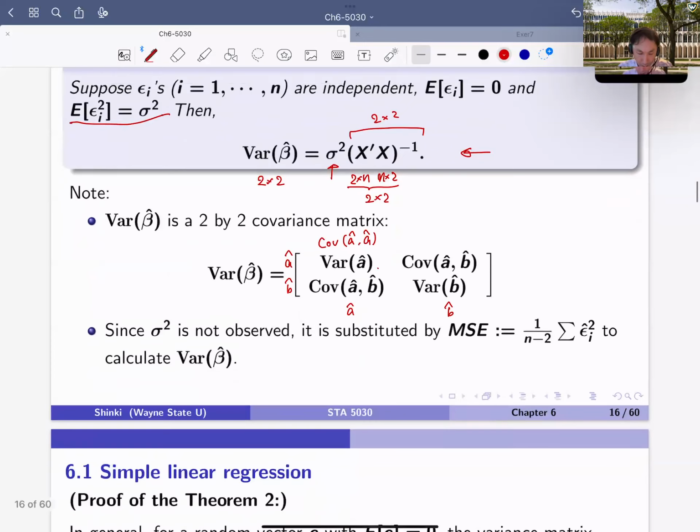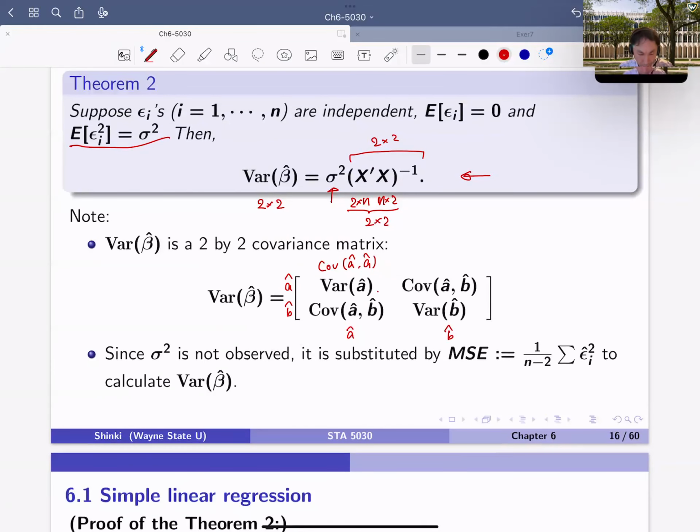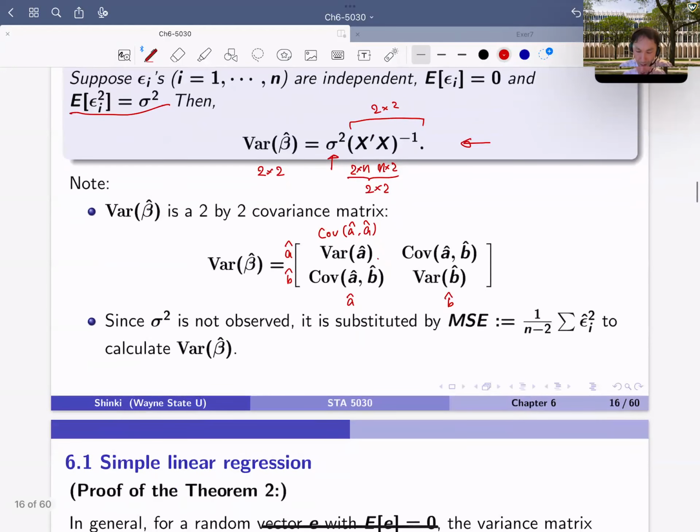And sigma square is not observed, because epsilon is not observed. So we substitute this by the sample version of sigma square. Epsilon has mean 0, so basically the expectation of epsilon i square is the variance of epsilon i. So the variance is approximated by the sample variance: 1 over n minus 1 times the sum of squares of the variables.